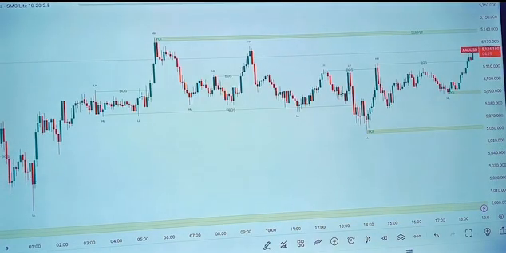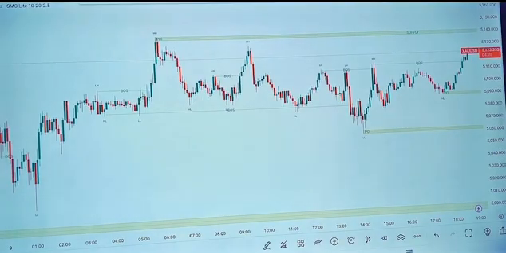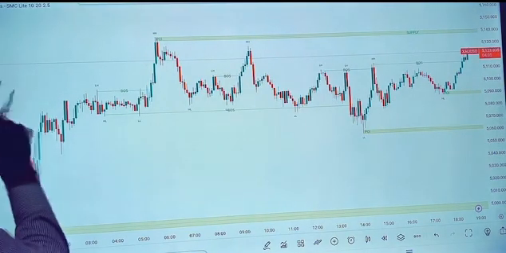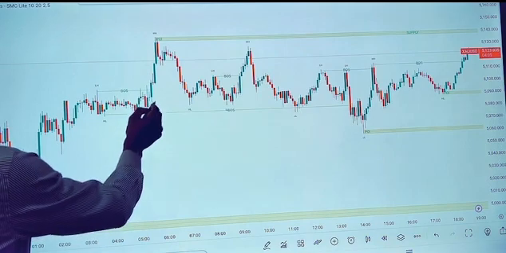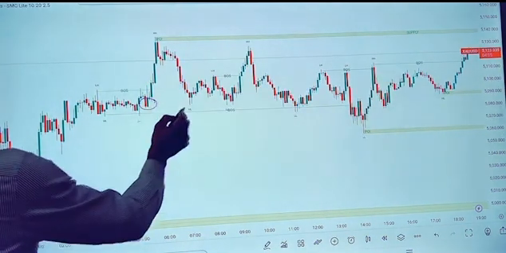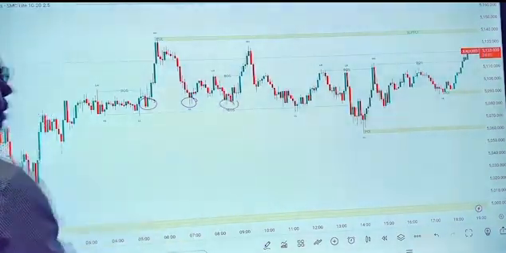So now we are going to look for a support zone, then we draw our key area there. From this area, we can see one rejection here, this rejection here, and this rejection.